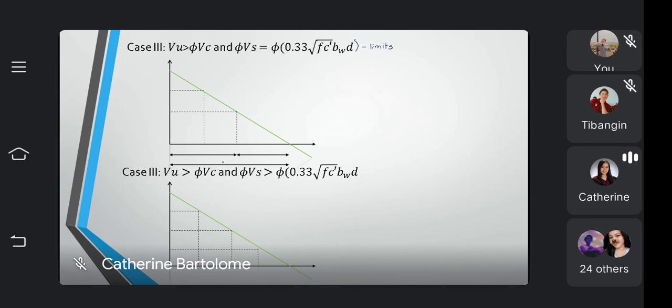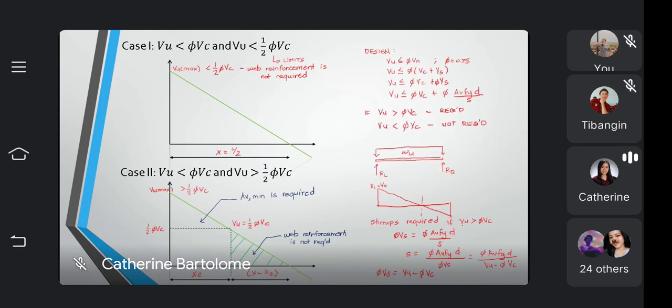This distance is x. Okay? This is x over 2. And this is x minus x over 2 if, diba dito yung half natin, VU is equal to half of VBC. Parehas lang to sa case 2. Tama? Half of VBC.